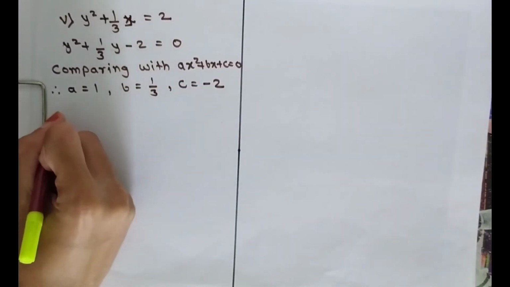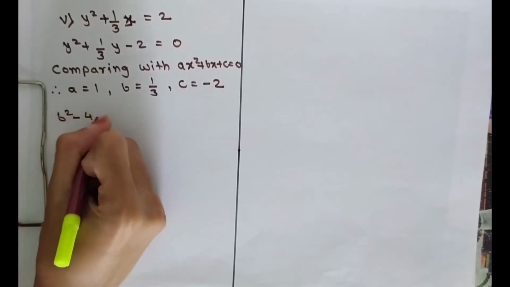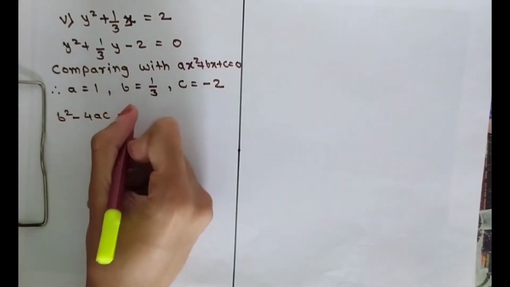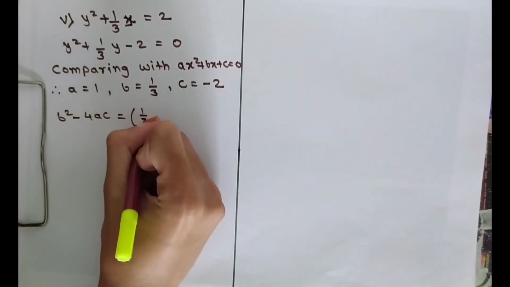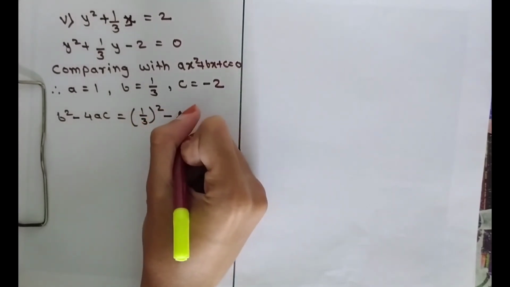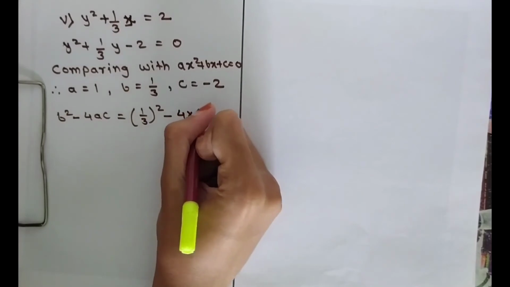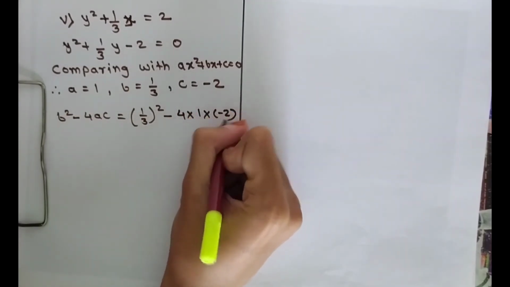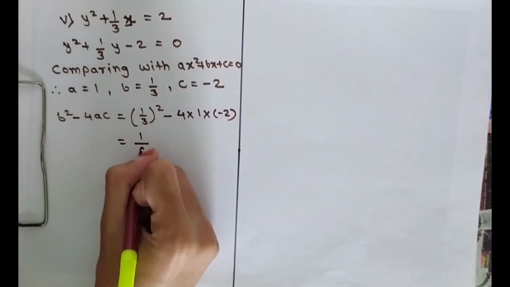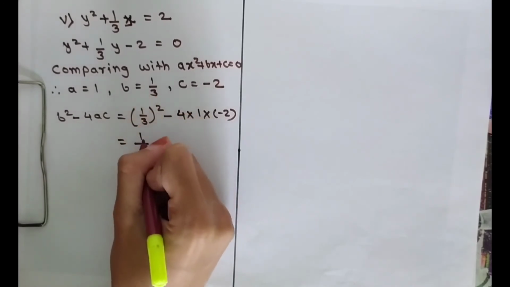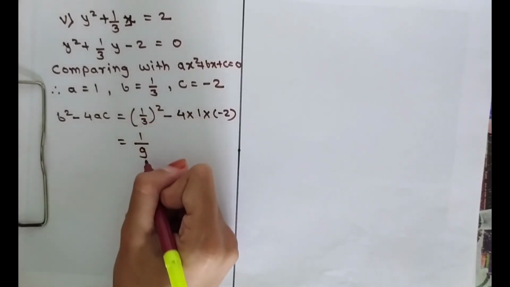Okay. So first find b square minus 4ac is equal to b square, which is 1 upon 3 square, minus 4ac. 4 multiplied by a is 1 and c is minus 2. So 1 upon 9, 1 square is 1 and 3 square is 9.